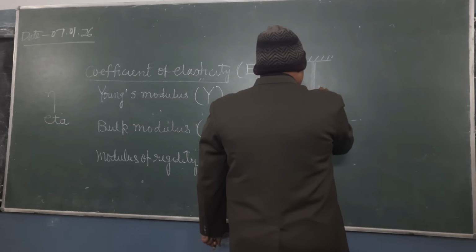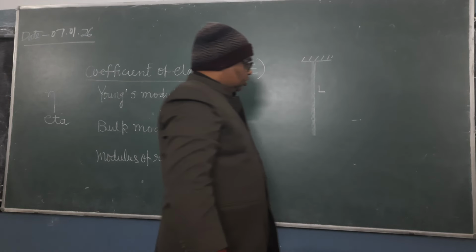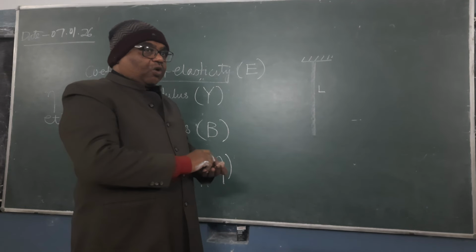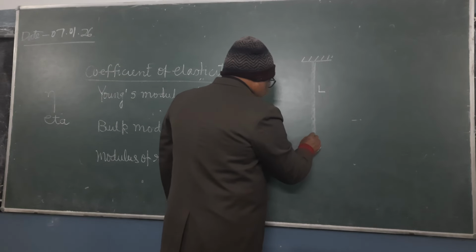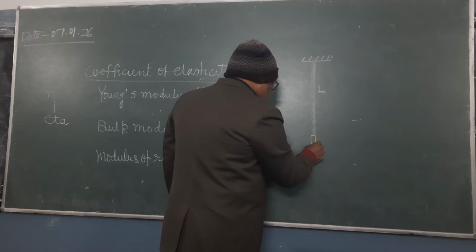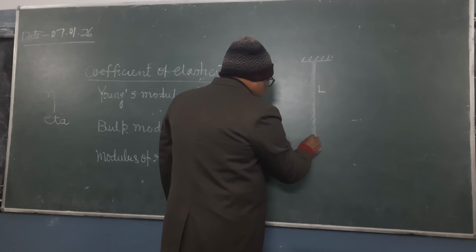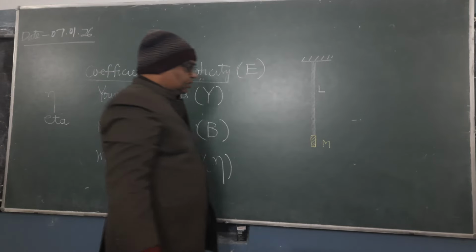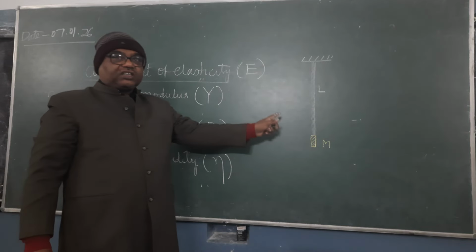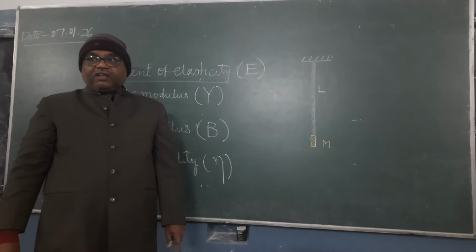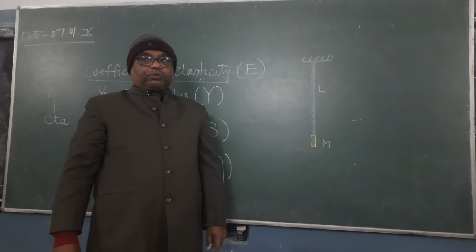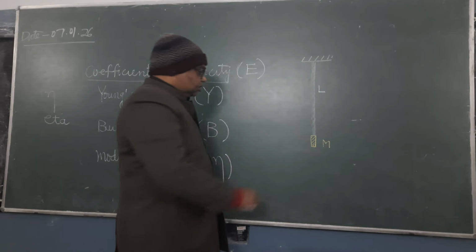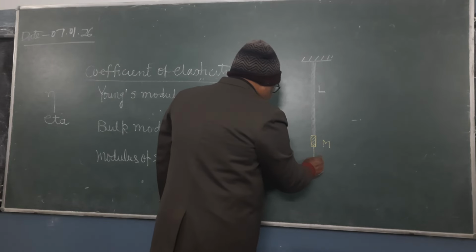Its original length is L. Now when you suspend some weight, this body has been suspended whose mass is M. So how much force will it set up on the wire? Equal to its weight, mg.